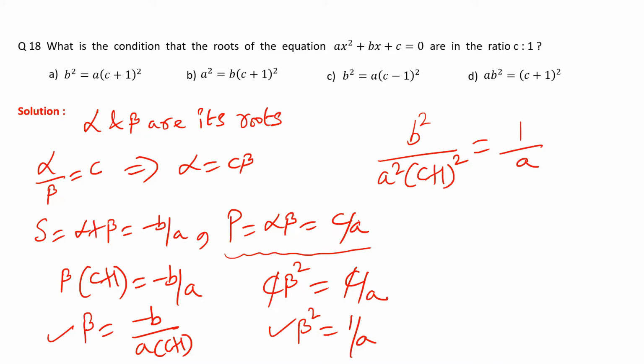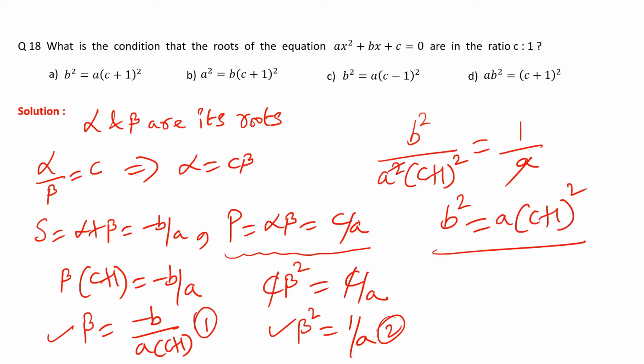Actually what we have done, we have eliminated beta from equation number 1 and equation number 2 by substituting the value of beta obtained from 1 and putting it in the second equation. Now a will just cancel out, and finally the equation comes to be b square equal to a into c plus 1 whole square. So that means a option is the correct one.